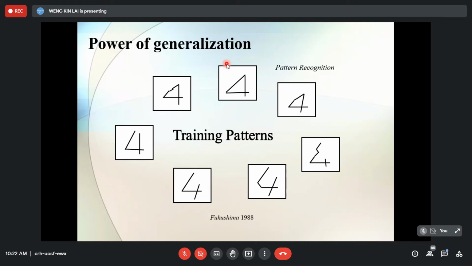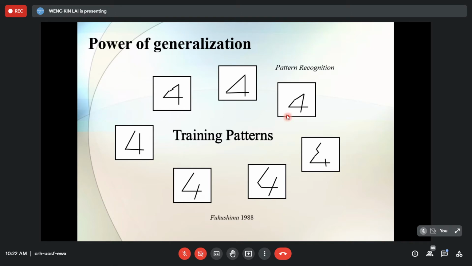In the old days, it was very difficult to hard code a program to recognize the number 4, because someone would write it in a different way. How can you get your computer program to cater for all these different styles of writing the number 4?